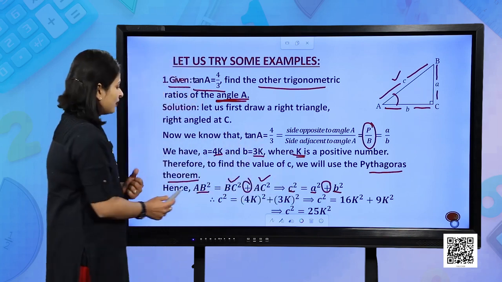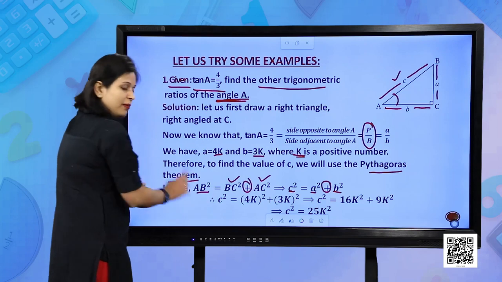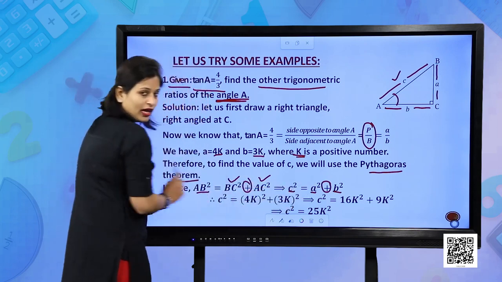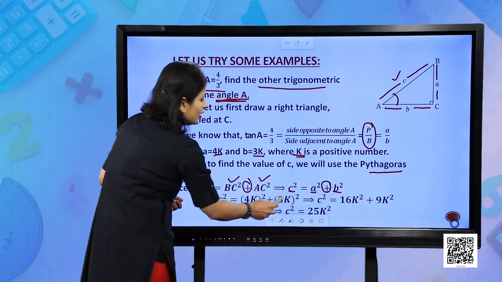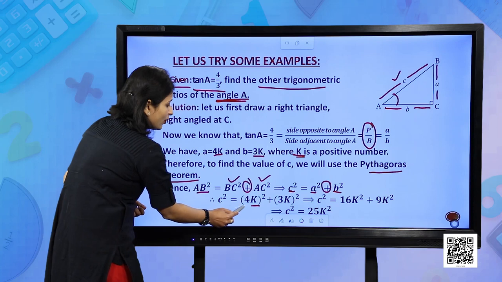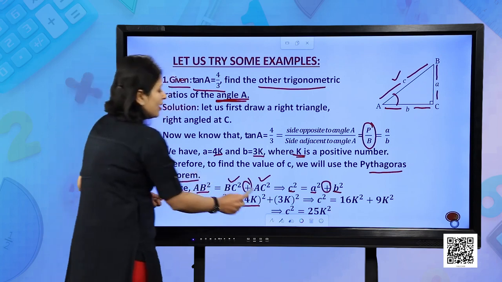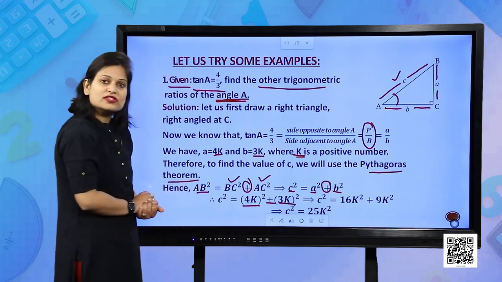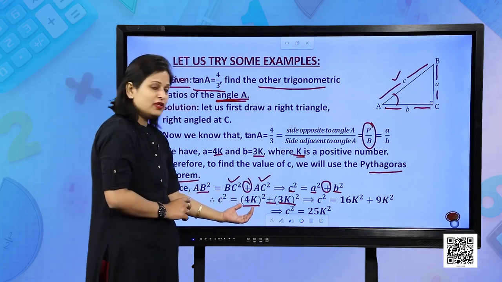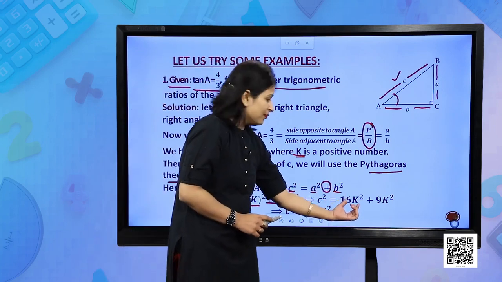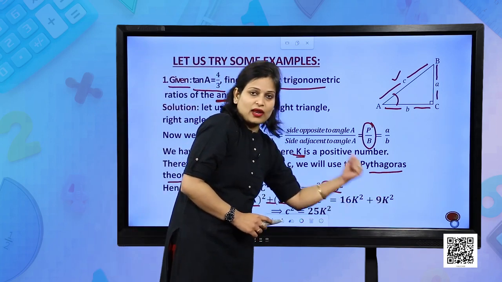What will you get? c square will remain as it is, equal to a is 4k and b is 3k. So c square is equal to 4k whole square plus 3k whole square. When you open this up, what will you get? 16k square plus 9k square.